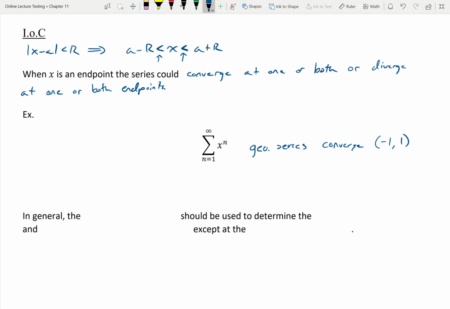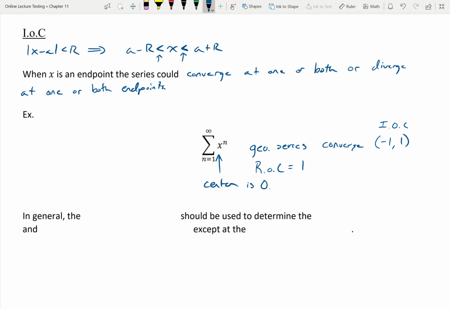So this is what we're using for this. So this would be our IOC. And in fact, for this particular one, the radius of convergence, the ROC, is equal to 1 in this case. And notice the center for this guy is 0. Okay, so notice here everything lines up. Our interval of convergence is centered at 0 and goes out a distance of 1 to either side of 0, so our radius of convergence is incorporated in there.